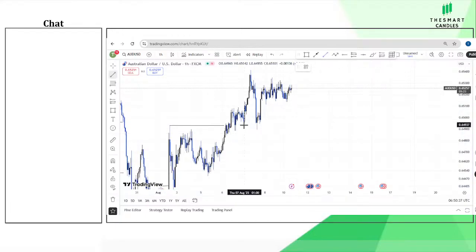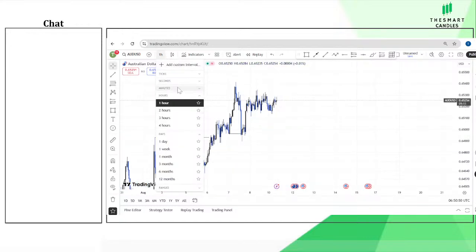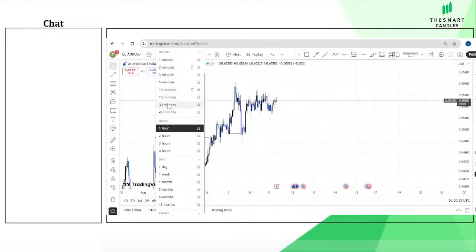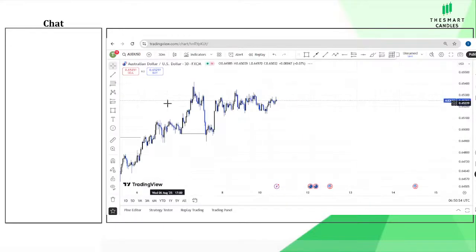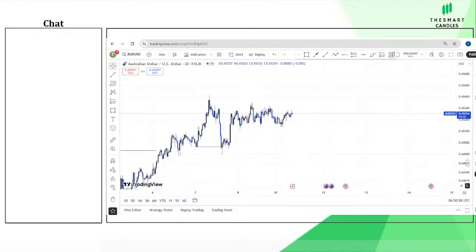So looking at this, oh, did we have a change of character? Let me see if there was a body close. Okay, we have a change of character at this point. Let me go down to 30 minutes to see if we actually get a better result from this trade.